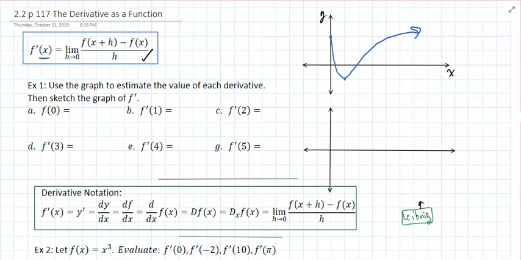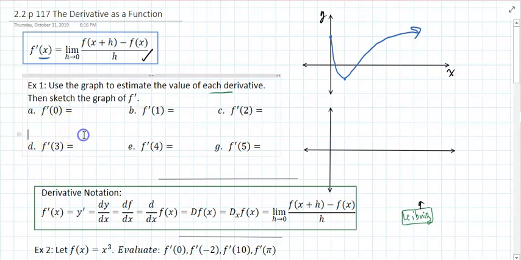Now remember, a derivative stands for multiple applications. One of them, slope of a tangent. Use the graph to estimate the values of each derivative. F prime of 0. So if I go to this graph and I sketch a line at 0, a tangent line.